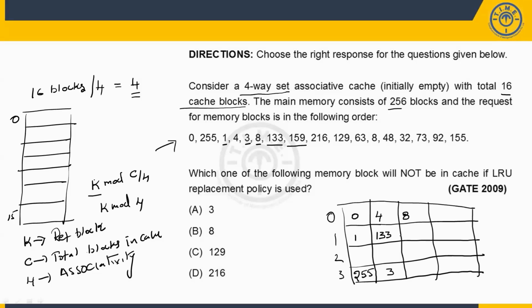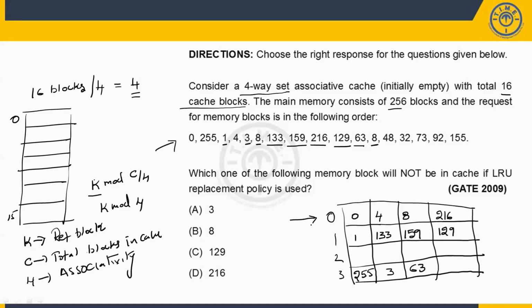Is it 1 or 3? Okay, 216 mod 4 is equal to 0. 129 mod 4, again it is equal to 1. 63 mod 4 is equal to 3. 8 mod 4 is equal to 0.